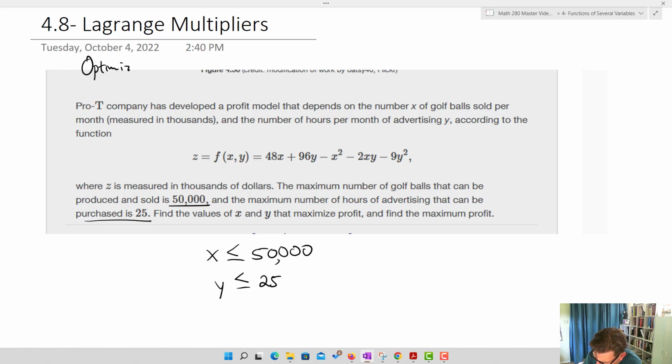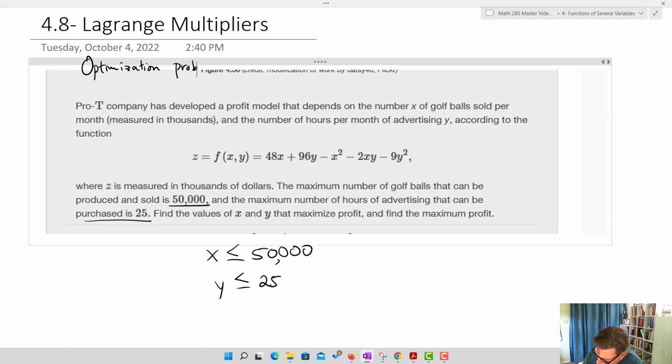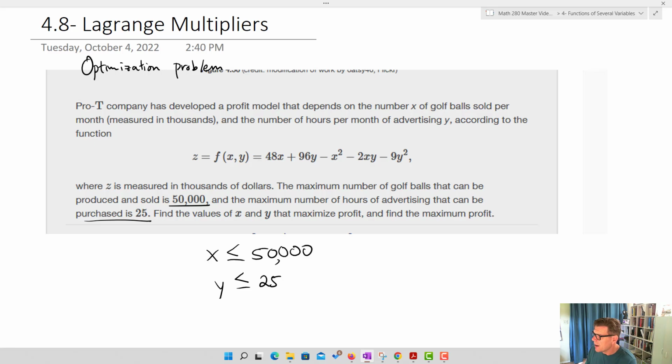You've seen them before in single variable calculus, but this method is actually quite different than the ones that you used in single variable. Inside of this optimization problem, we have something called our objective function.